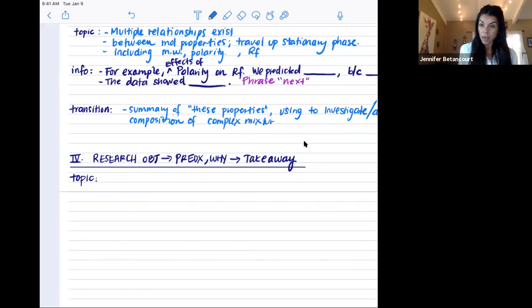Because before you're just looking at single individual amino acids one by one, and here you're using that information so that when you do have a solution that has more than one of those samples in it, you can actually make a pretty good conclusion about that mixture too. So to analyze the composition of a complex mixture, and then here's where you might say, such as a protein supplement for muscle atrophy.